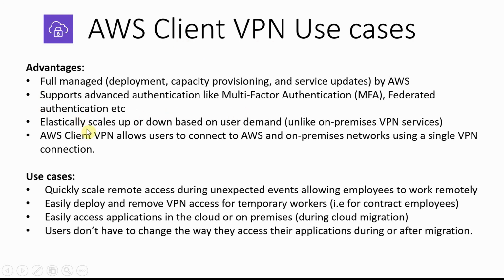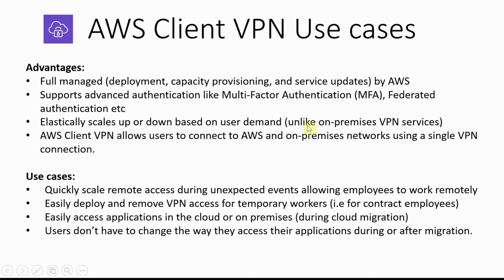And generally, this comes to elasticity, where you can scale up and scale down. Let's say you are hiring temporary employees on contract, for example, who will be working for a couple of months. Since this is cloud-based software, you can scale up your client VPN connections, and when you want to ramp down, you can ramp down.